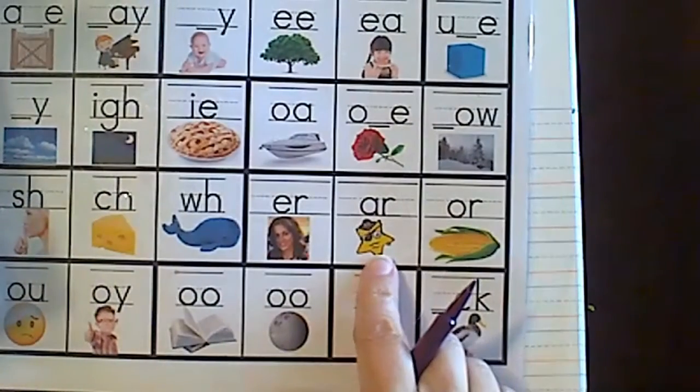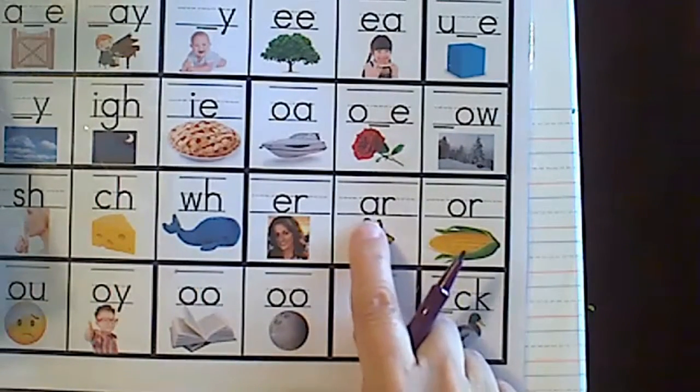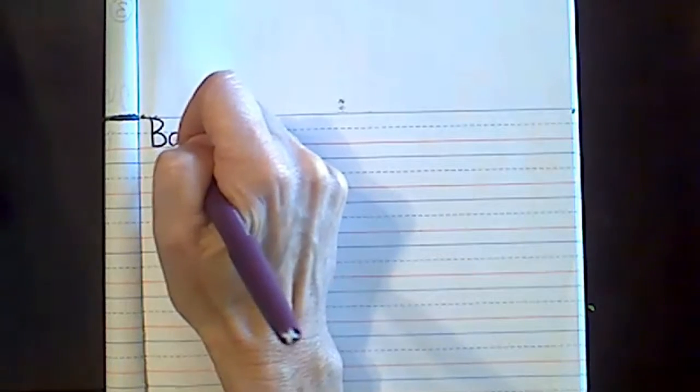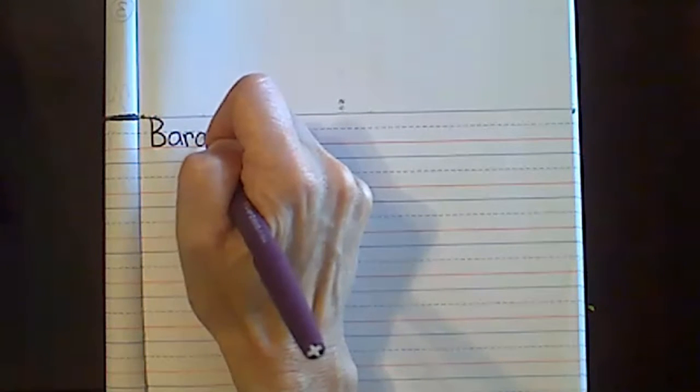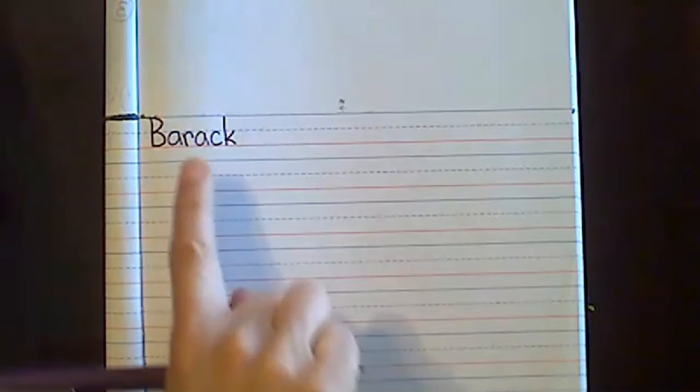What two letters make the R sound? It sounds like a pirate. Let me look here. Remember, we have our star pirate, A-R. Bar, ak, Barack.